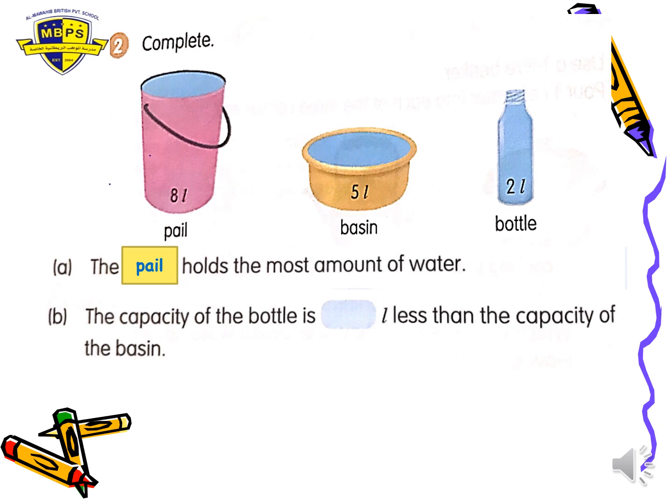Now let me ask you, in the second sentence, we are comparing between 2 containers. What are the 2 containers we are comparing between them? Who knows? Very good. The bottle and the basin.